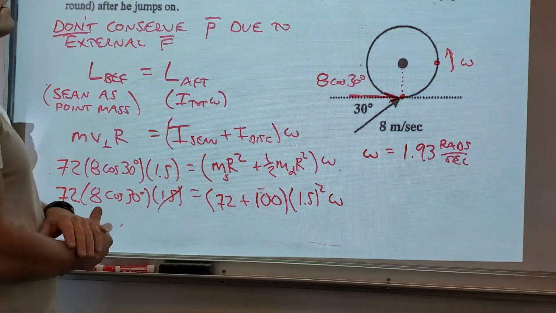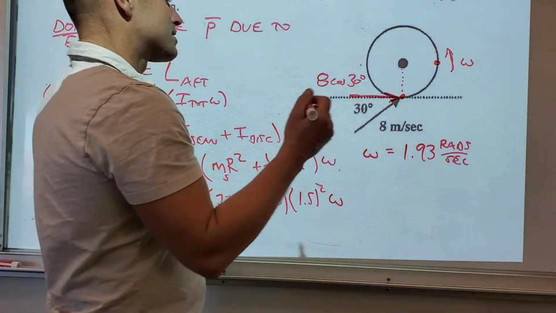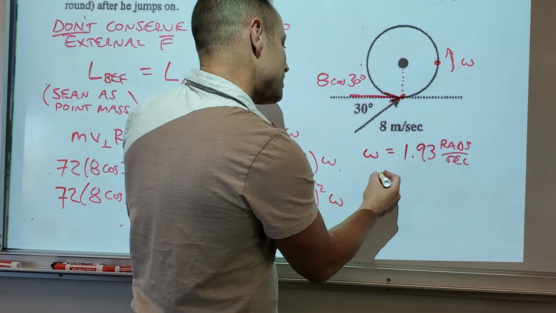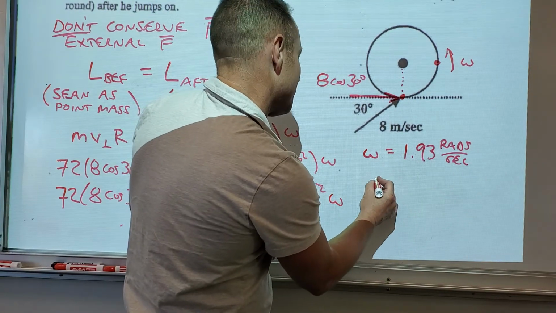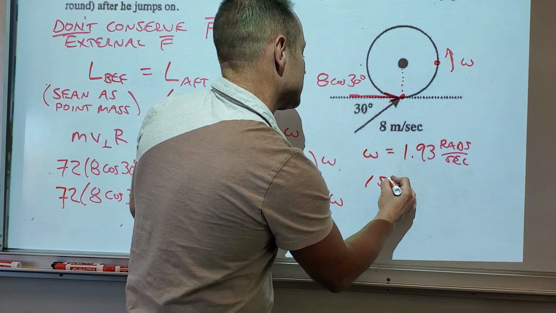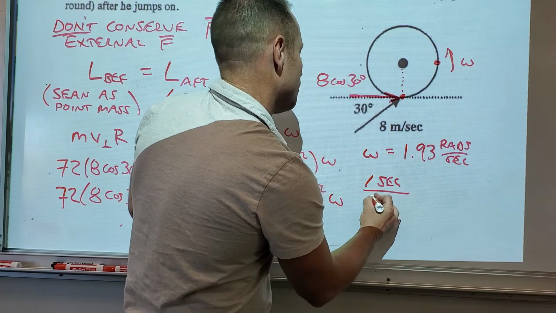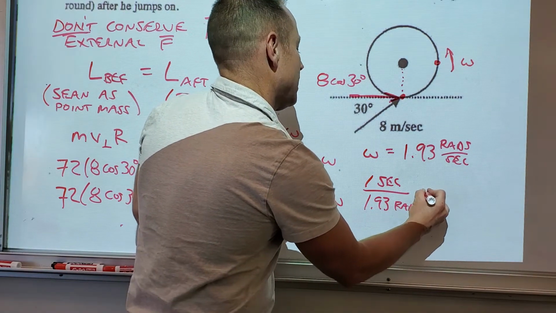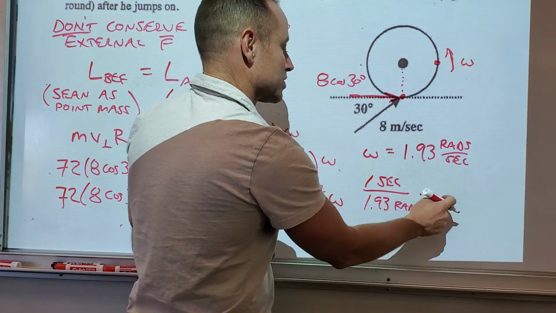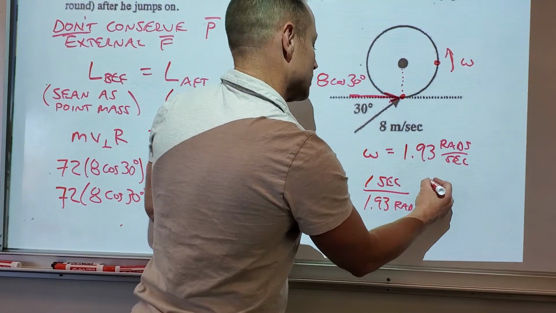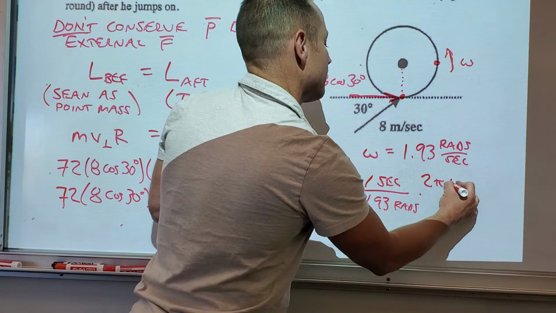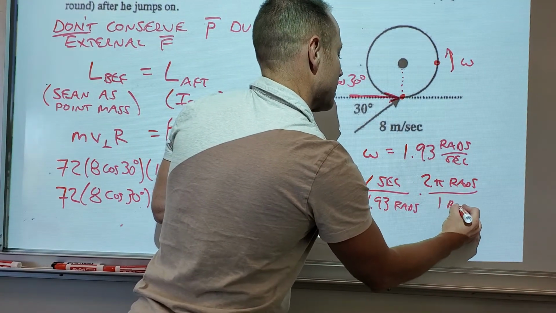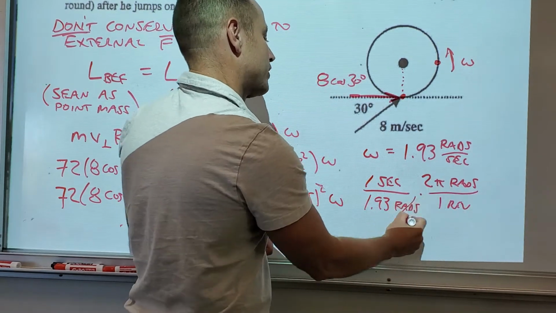Let's see, we're supposed to get the period of one rotation. So what we need is seconds per rotation. We basically have 1 second per every 1.93 rads, and then we want seconds per revolution. There's 2 pi rads per every 1 rev, so I'm just doing a unit conversion.